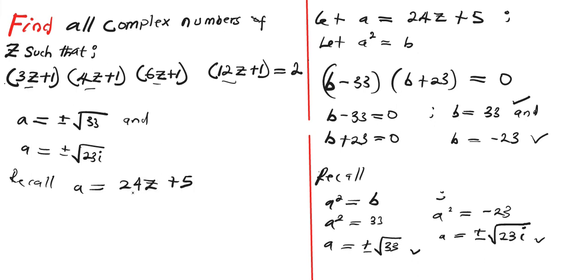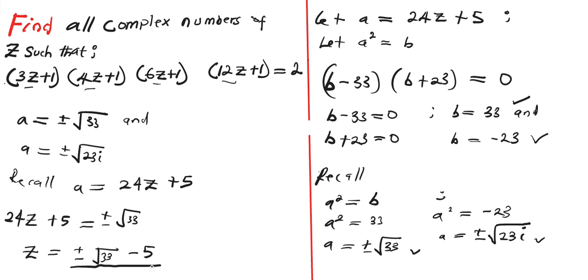If we replace a with 24z + 5, taking the first one, we have 24z + 5 = ±√33. And z on its own will be (±√33 - 5) divided by 24. The positive 5 crosses over and changes to negative 5.